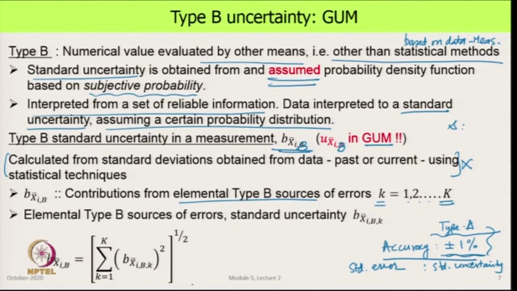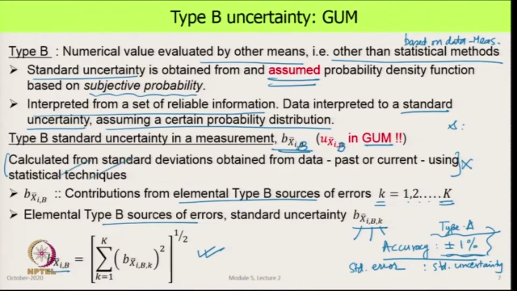And from each elemental type B error source, we can get the standard uncertainty as this for the xi parameter, and k is the number of type B uncertainty sources. And using this relation here, which is the sum of the squares and the square root of that, gives us the type B uncertainty, the standard error associated with type B uncertainties in the measurement.